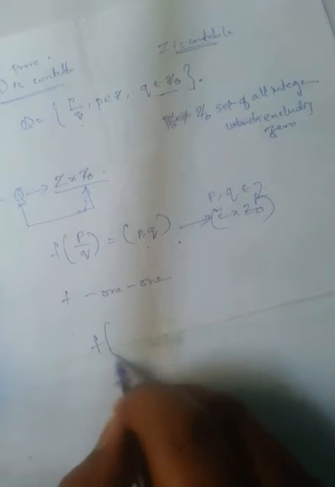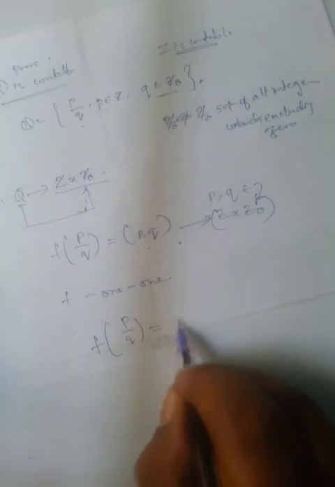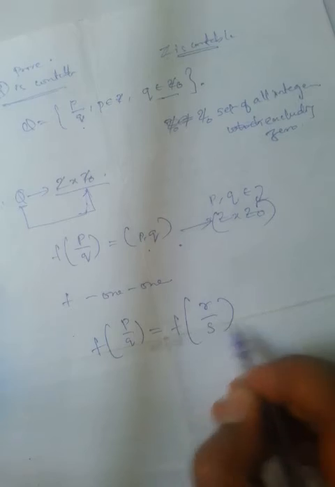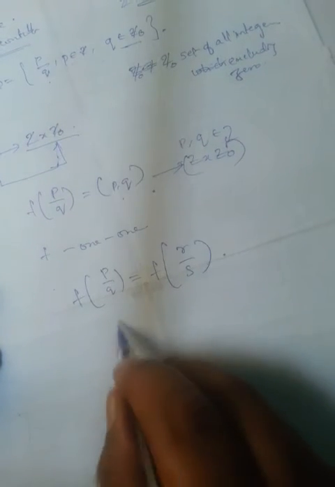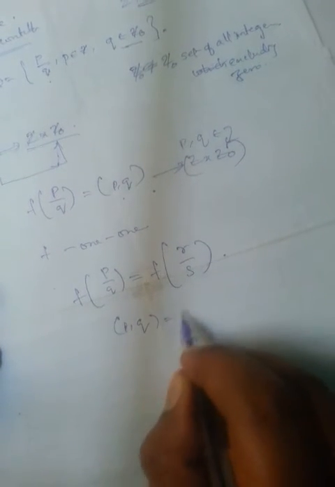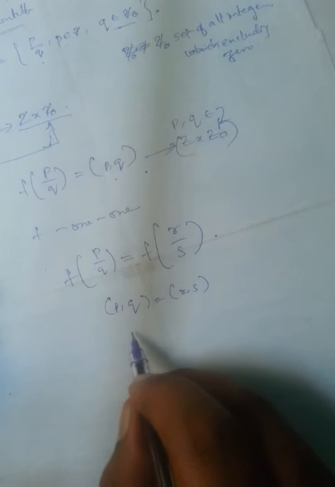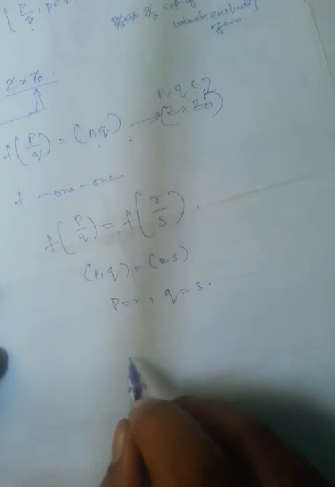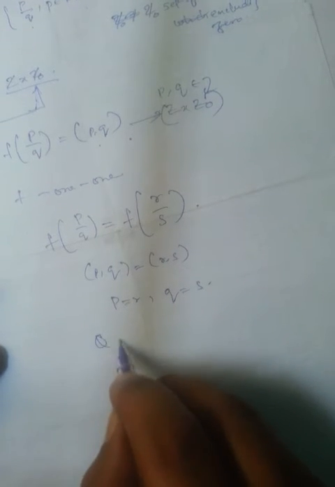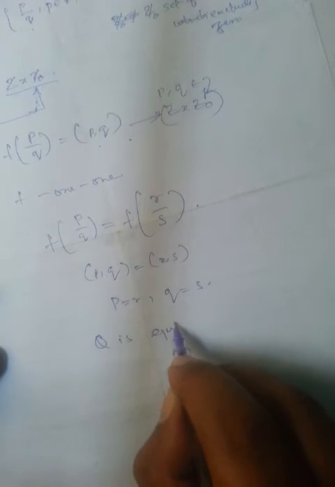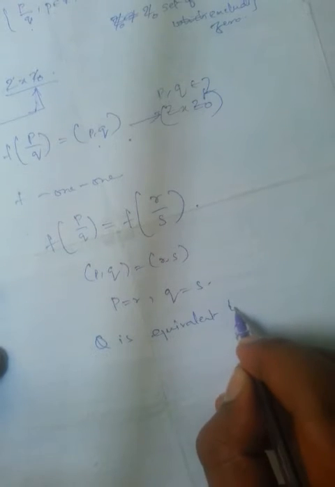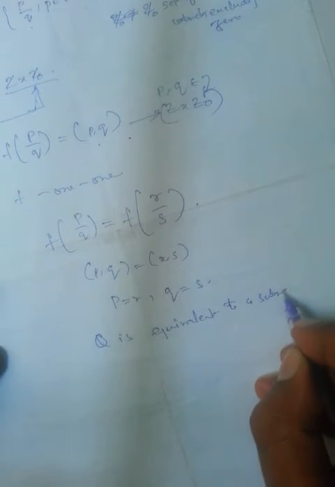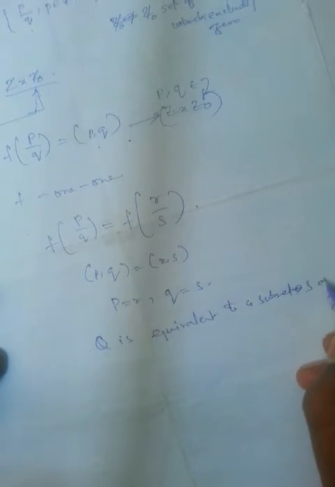For that we have f(p/q) equal to f(r/s). All right, from this we can write (p, q) is equal to (r, s). From this we can write p, r equal to q, s. We get that Q is equivalent to a subset S of Z × Z\{0}.